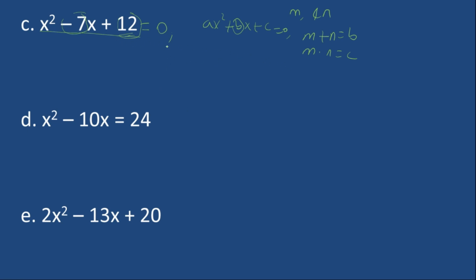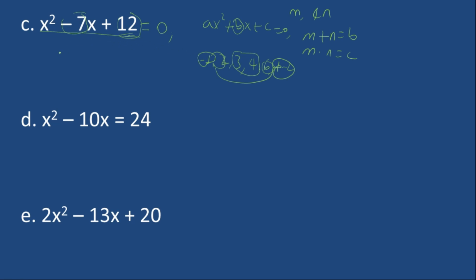The factors of 12 are 1, 2, 3, 4, 6, and 12. 1 times 12 is 12, but the sum cannot be negative 7. 2 times 6 is 12, but the sum of 2 and 6 is 8, and on the negative side it is negative 8, which cannot be. But if we choose 3 and 4, 3 times 4 is 12. Negative 3 times negative 4 is 12 again. Negative 3 plus negative 4 becomes negative 7.